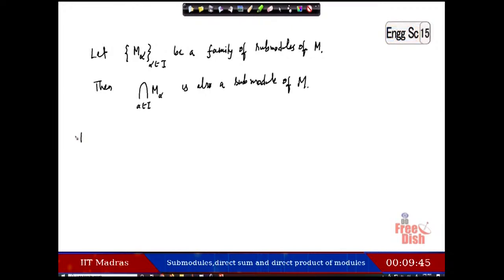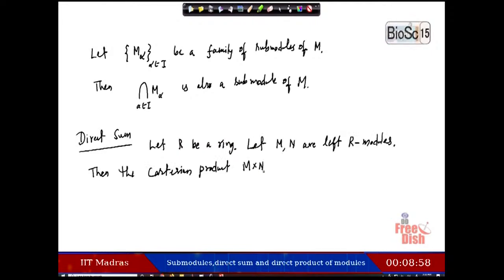Now let us look at direct sum. Let P equal to M cross N, the Cartesian product, which is a left R module, as we have seen.